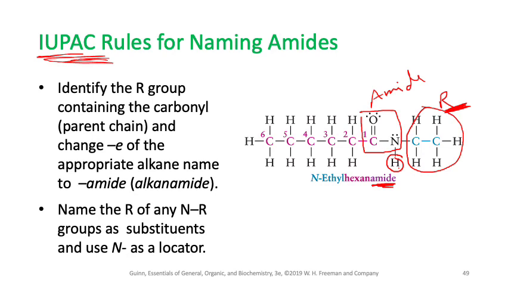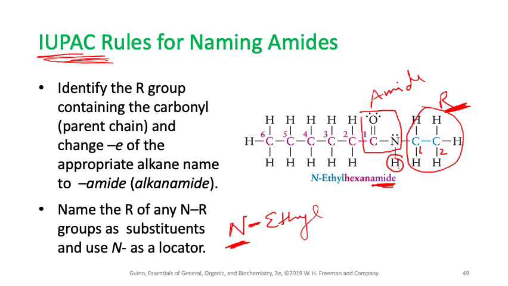So you have to write which kind of group is present. 1, 2 is ethane, so ethyl, and you have to specify where this ethyl group is attached, because this ethyl group can be attached to any of the carbons of the parent chain too. So you have to write this ethyl attached to the nitrogen atom. N represents the nitrogen in amide. So N-ethyl, you don't have to specify the hydrogen, only the R group.